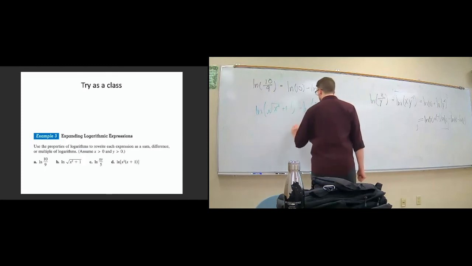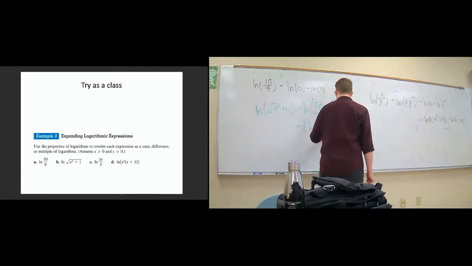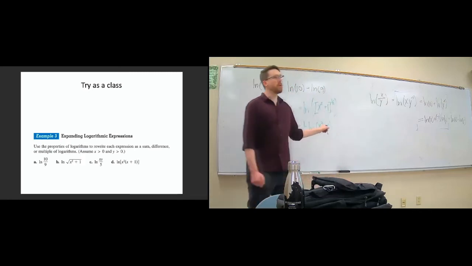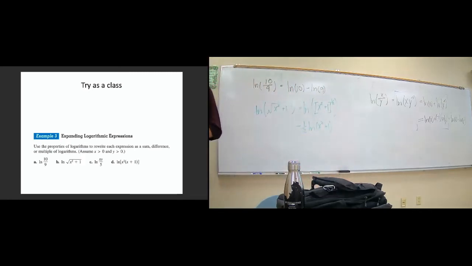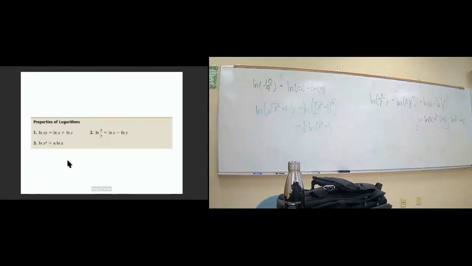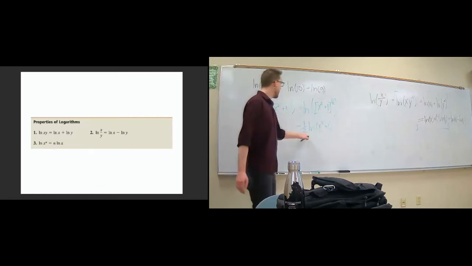And by that third property, that's going to be 1/2 the ln of x squared plus 1. Now, can we do anything else to this? Can we reduce that any further? Looking back at our properties, no, not really. The ln of two things added together is just the ln of the two things added together. You're not going to be able to reduce this any further.